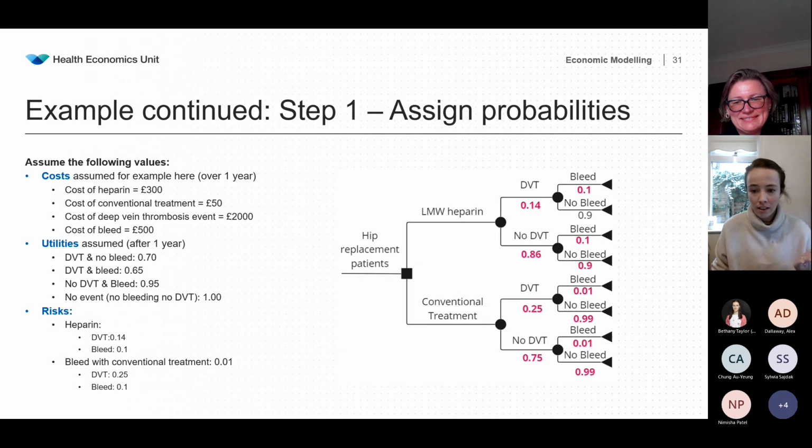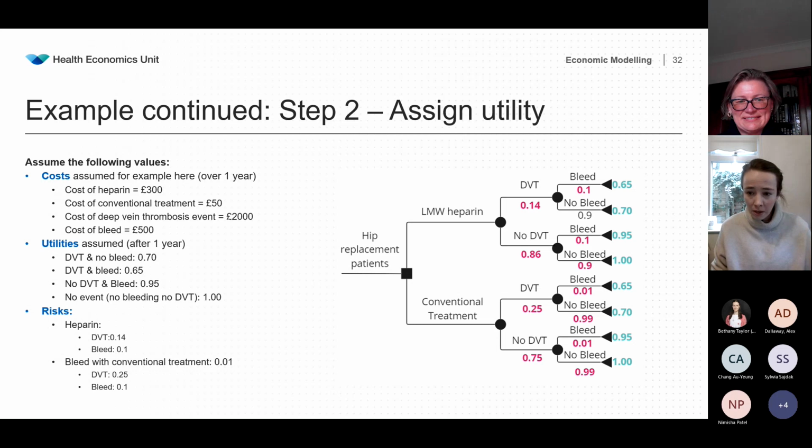Okay, so decision trees are what we call rolled back to get the expected value for each strategy. I'm going to run through these a bit quickly because nobody said that they had questions. This is the part where if you had questions, you can still ask, but now I'm going to make fun of you slightly for not asking sooner. You'll put your risks of the various states here.